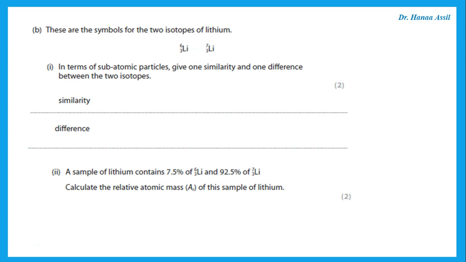These are symbols for the 2 isotopes of lithium. In terms of subatomic particles, give one similarity and one difference between these 2 isotopes. Remember, if I have isotopes of the same element, they have the same what? They have the same number of protons, because both of them will have same atomic number.